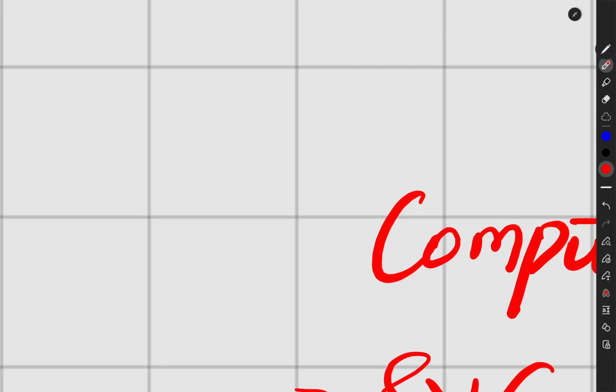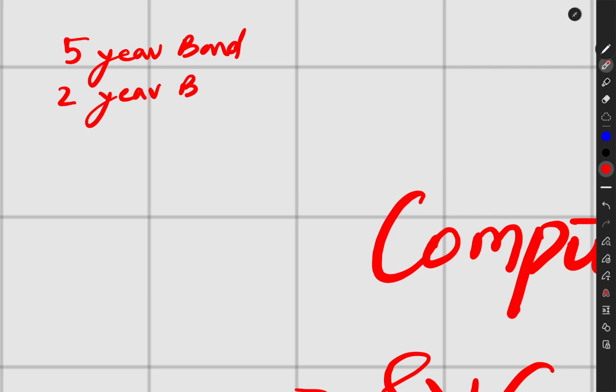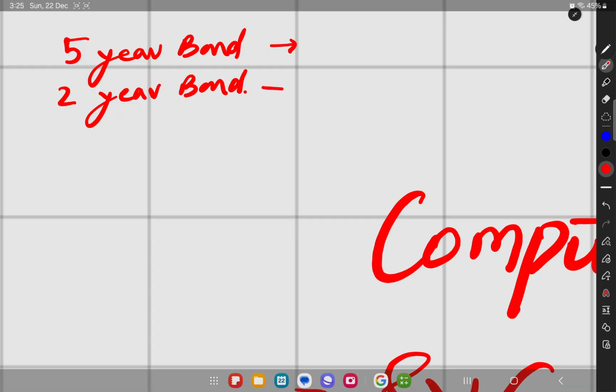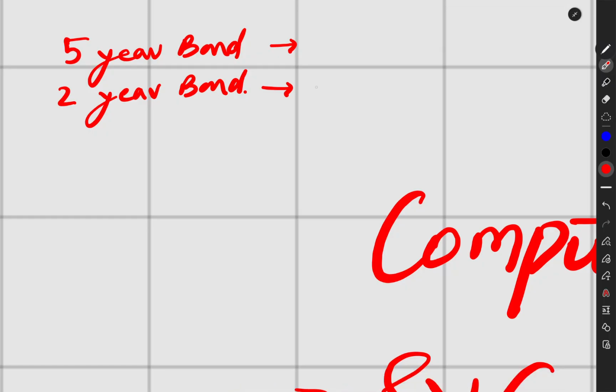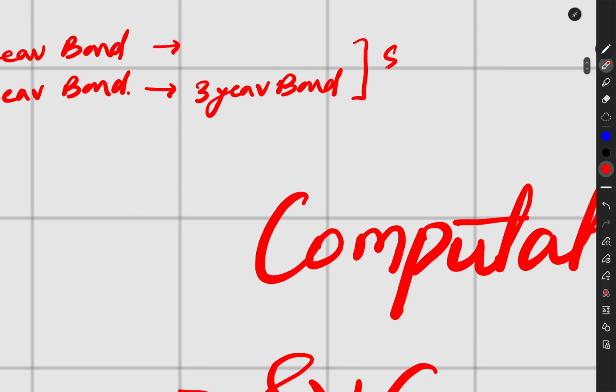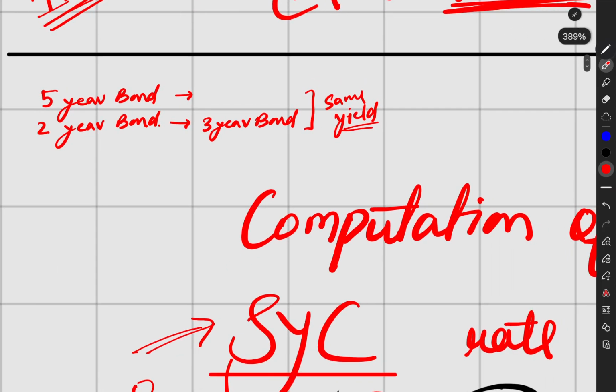Let us say you have a 5-year bond, and you also have a 2-year bond. If you invest in a 5-year bond, or invest in a 2-year bond and then reinvest in a 3-year bond, both should give the same yield. That is the idea.